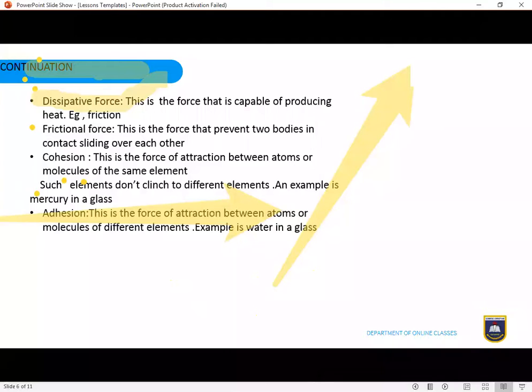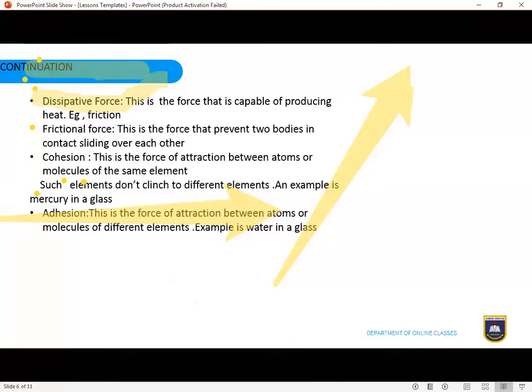See that if you pour water into, let's say this is my glass, if you pour water into it, what happens is that the water clings to the walls of the glass. You see some particles of water on the surface of the glass, clinging to the walls, because of the force of adhesion.